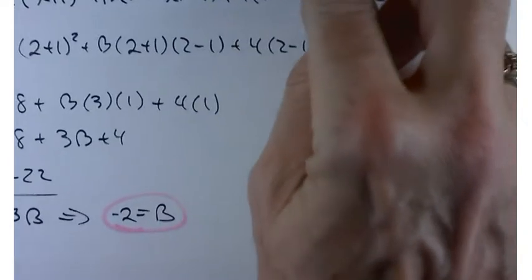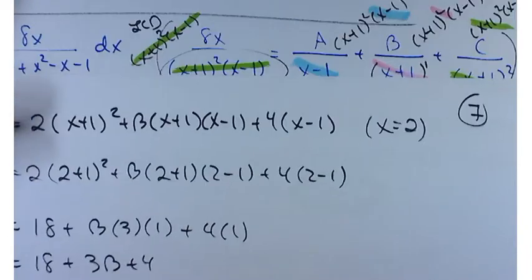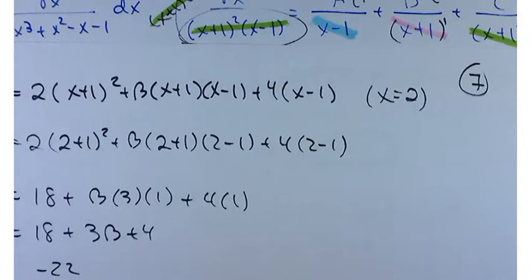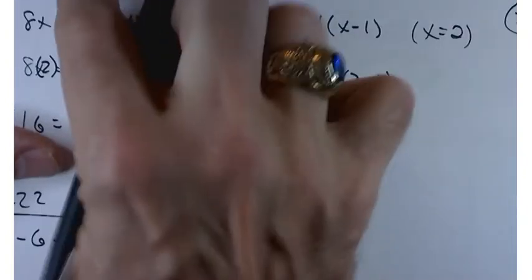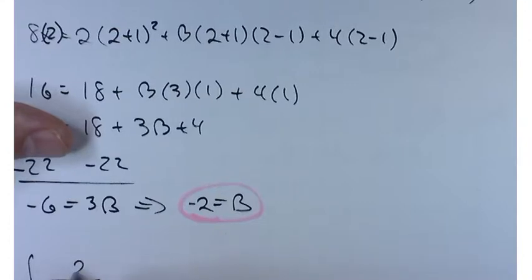Let's put it in right here. That's going to equal the integral of 2 over x minus 1 plus -2 over x plus 1 and plus 4 over (x plus 1) squared.